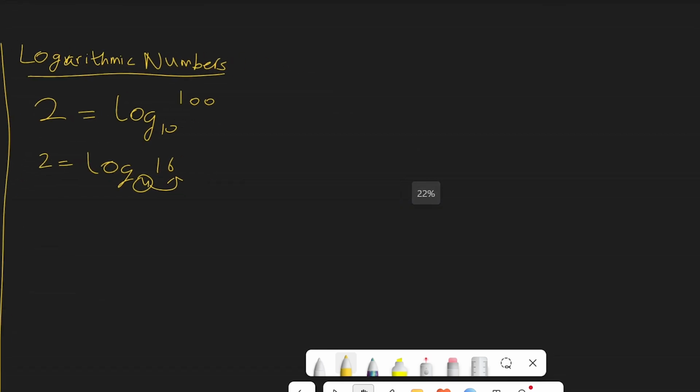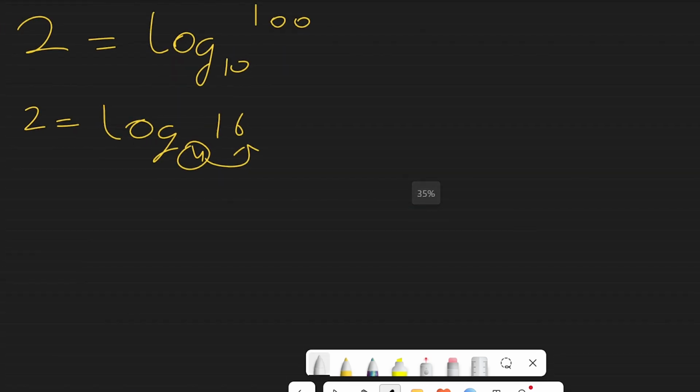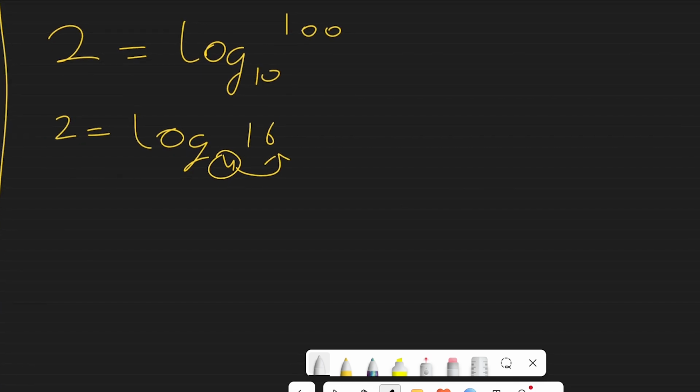So let me just define simple rules of it for you to understand what that actually means. For example, if we have a power that is m and we have to represent that in logarithmic form, we write log of any number a, and then we have a power m.